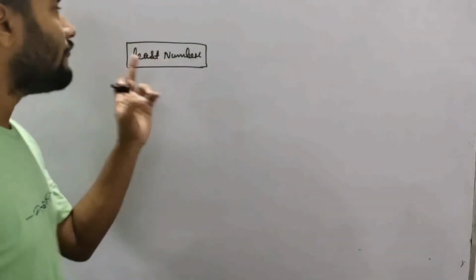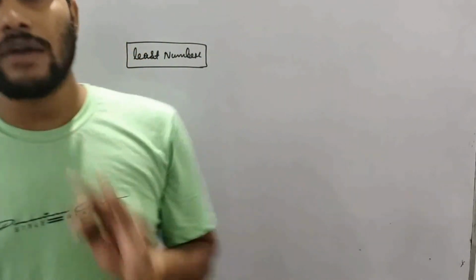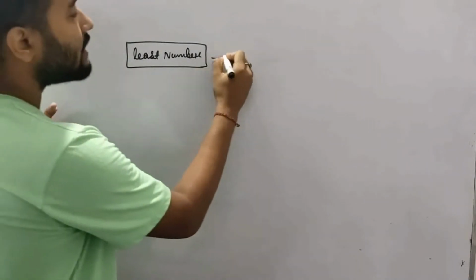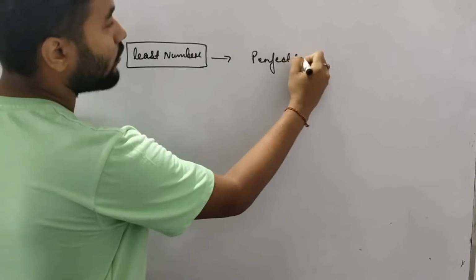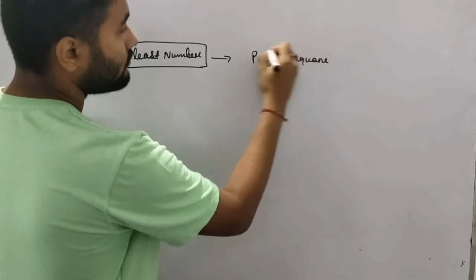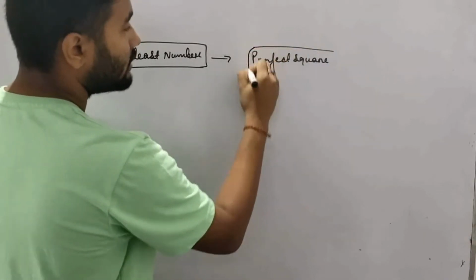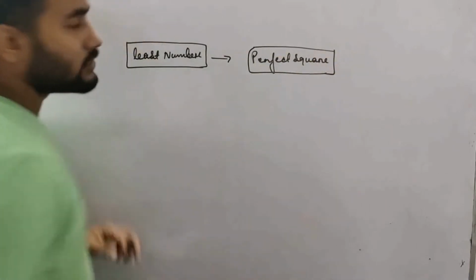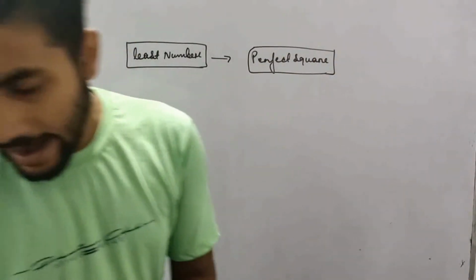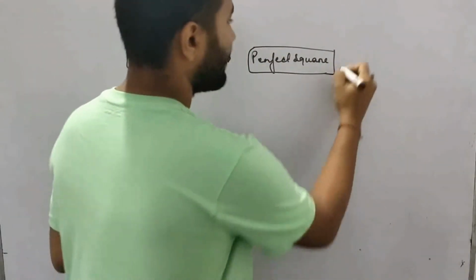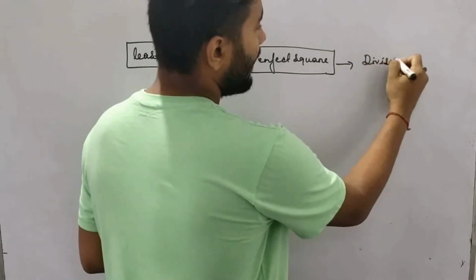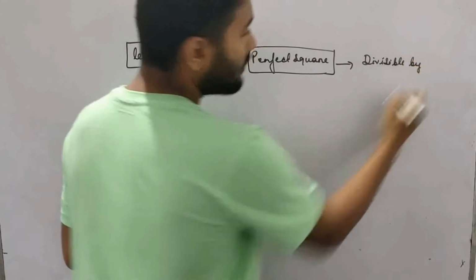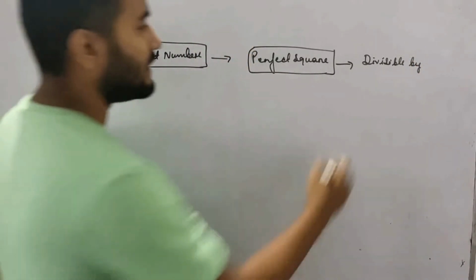This is that word. Find the least number. That is a perfect square also. That least number will be a what? Will be a perfect square also. Understood? That least number will be a perfect square also. And divisible by. And what? And divisible by what? 8, 9 and 10.